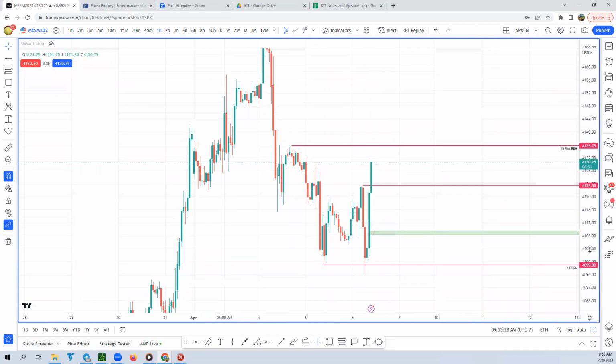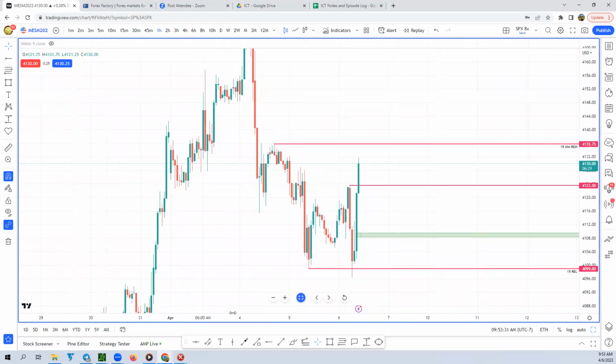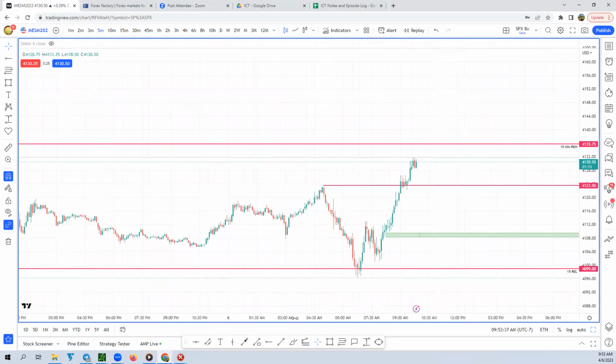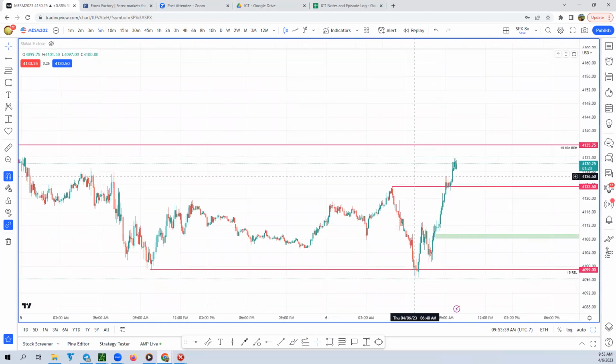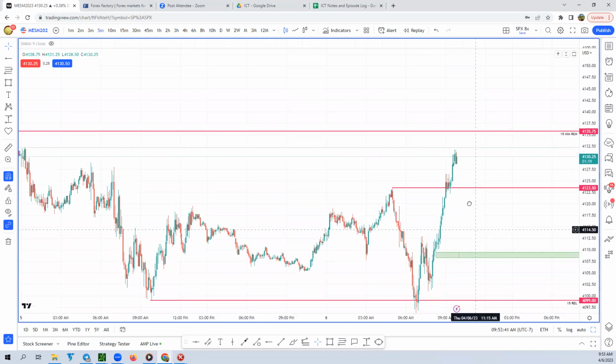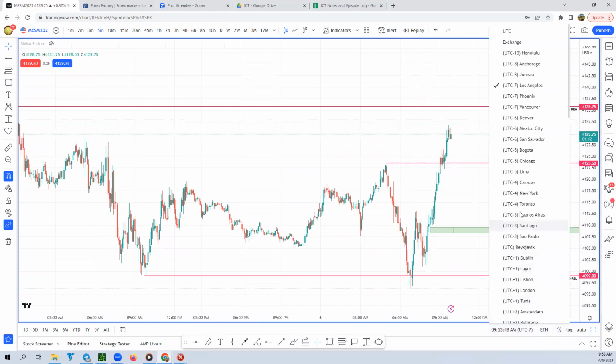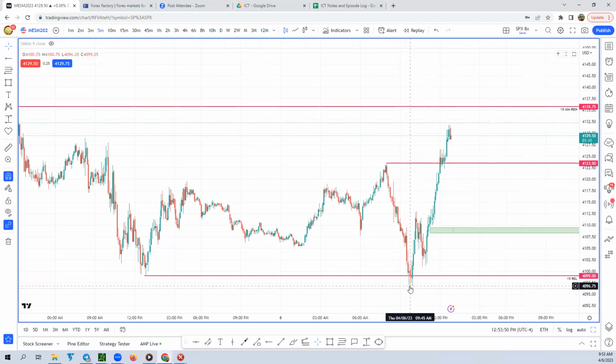One of the things that we're taught to do is, on the 5 minute, identify liquidity. Let's put this on New York time. Shortly before 10 o'clock, we mark our lows.